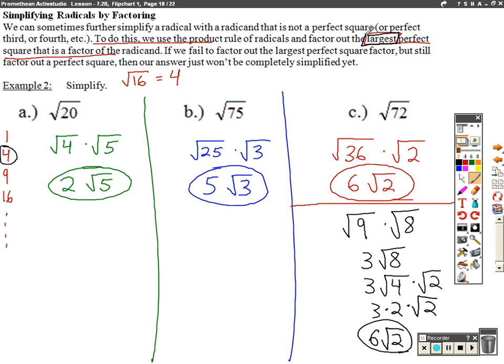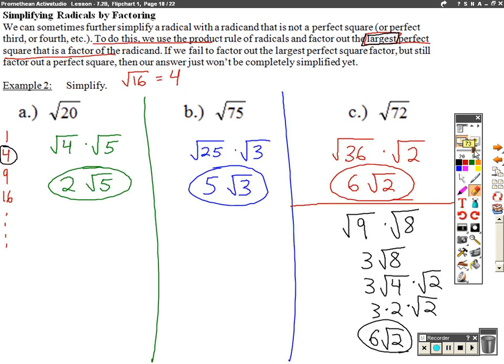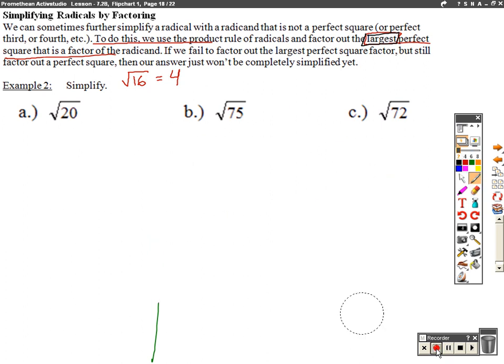Let me discuss another way to solve all of these using a factor tree. I know a lot of people prefer this instead of what I just showed you. Okay, if you did a factor tree on 20, maybe you'd do 10 and 2 and then 5 and 2, you'd get that the square root of 20 is 2 times 2 times 5.